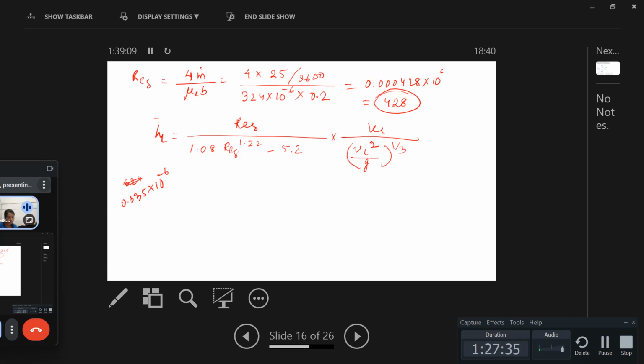So this is the value of mu L. If you substitute all the values, I think all other values are given. KL is also given. So if we calculate everything substituting all the values, we get this HL as 7312 watt per meter square Kelvin.